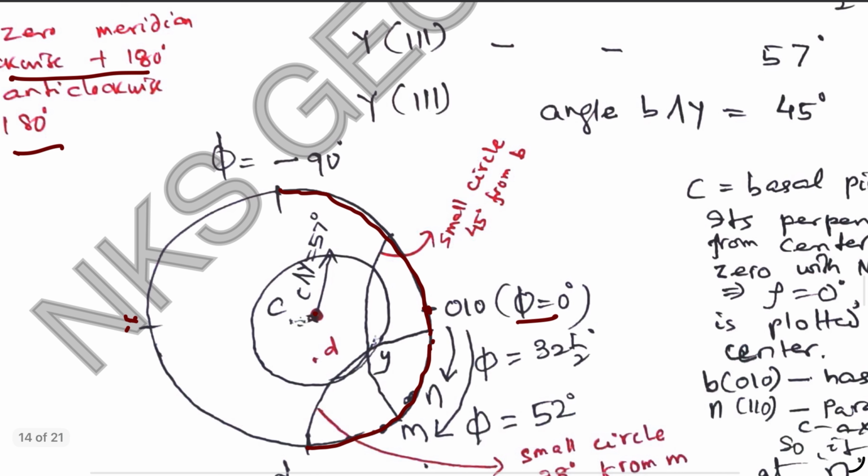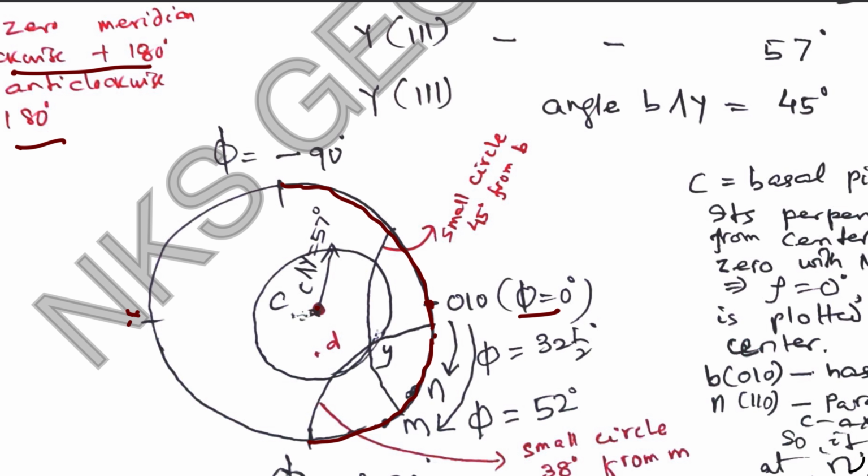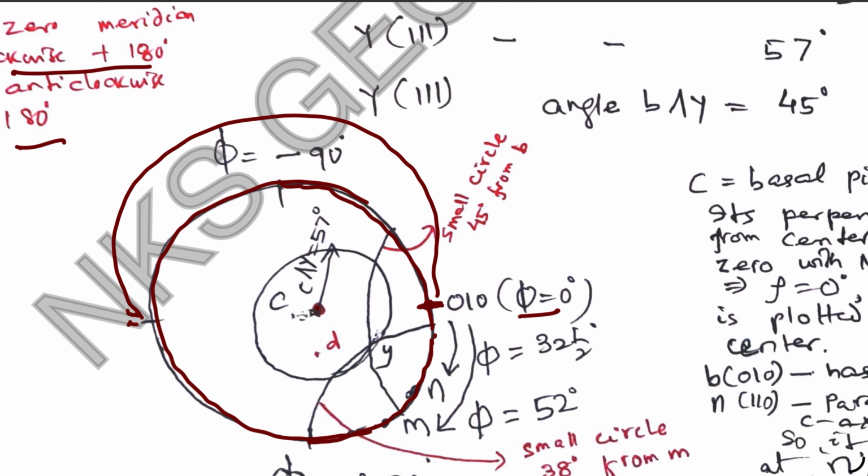So from this point, this is the horizontal plane. This circle is the horizontal circle. So this is the 0 meridian, and we can imagine the vertical circle here through this point. This will give the 0 meridian.